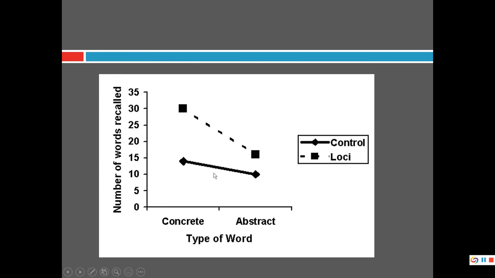So, for example, if you cross them here, this is a typical pattern of results you might see if you did this kind of study. Some people have tried to remember concrete words using a control, not very many instructions way of memorizing things.